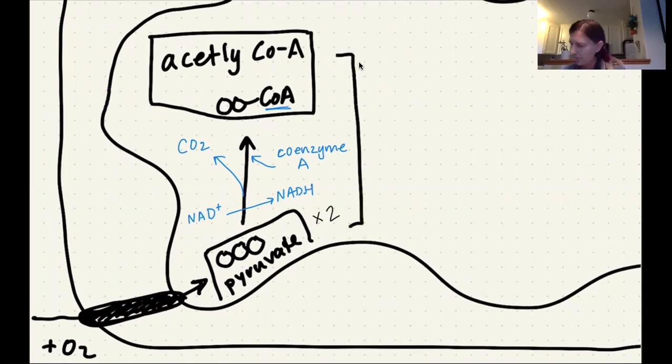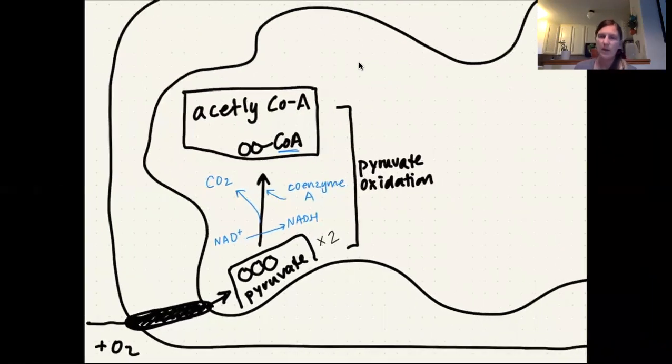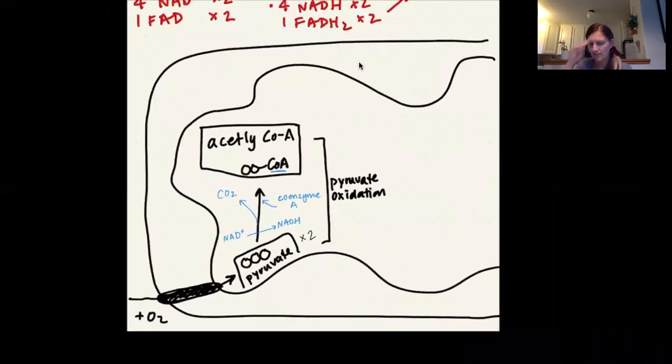You should know that pyruvate is being oxidized, and at the same time, NAD plus is being reduced, right? So that's a redox reaction. So that's pyruvate oxidation, and that happens in the matrix.